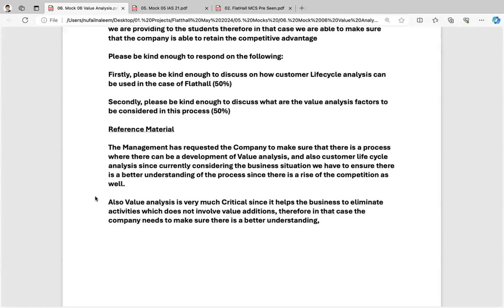Considering the business situation, we have to ensure there is a better understanding of the process, since there is a rise of competition as well. Value analysis is very critical since it helps the business to eliminate activities which do not add value. Therefore, the company needs to make sure there is a better understanding also.